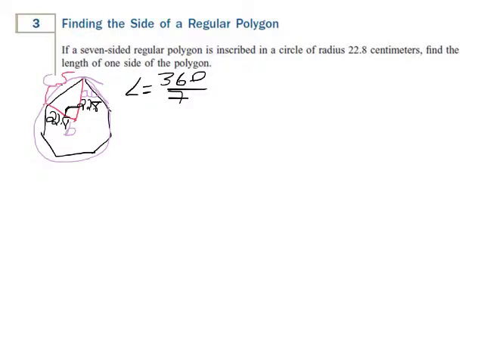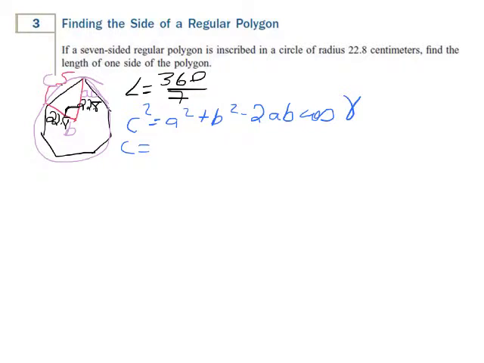We want to find C, so we're going to use C squared is equal to A squared plus B squared minus 2AB cosine of gamma. And gamma is going to be the angle that we have.